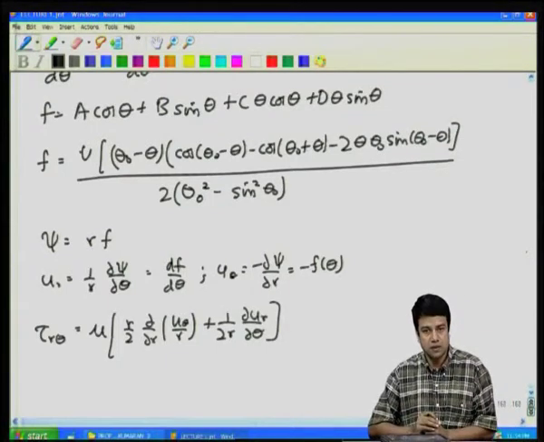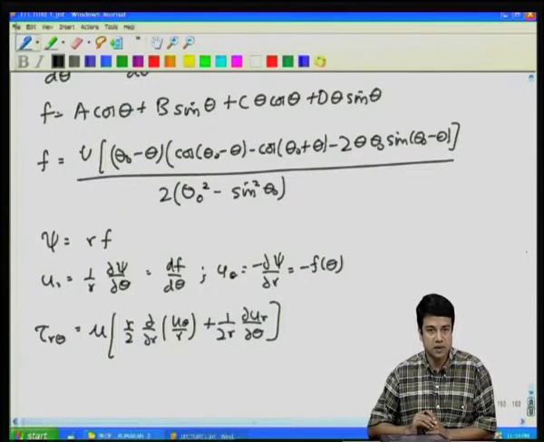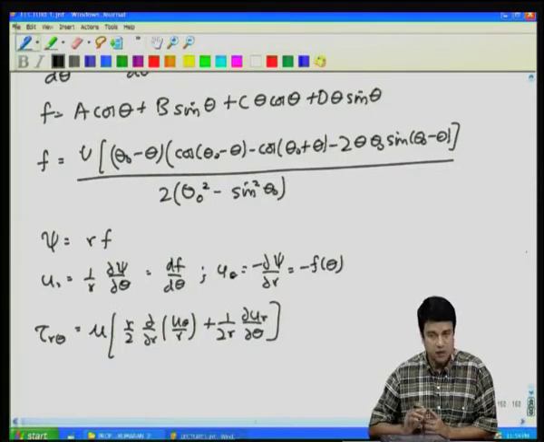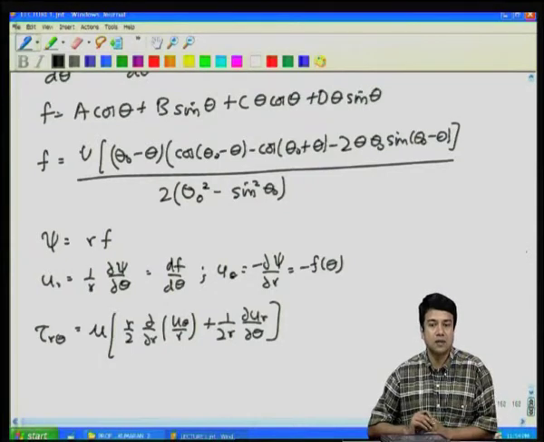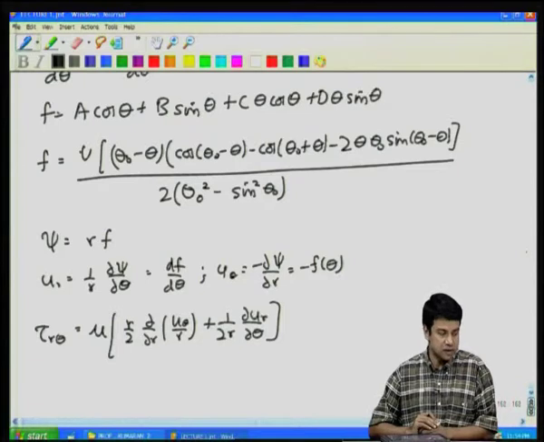Note that this shear stress is not straightforward. In a Cartesian coordinate system, tau x y will be equal to mu into partial u x by partial y plus partial u y by partial x, the symmetric traceless part of the rate of deformation tensor. In this case, you have to take into account that the unit vectors in this polar coordinate system also depend upon position.